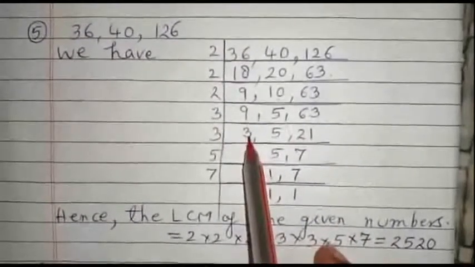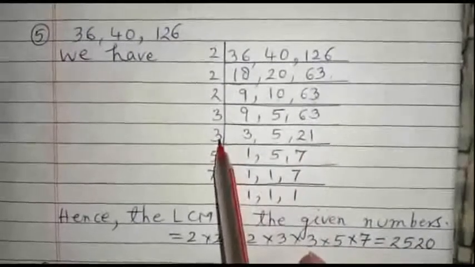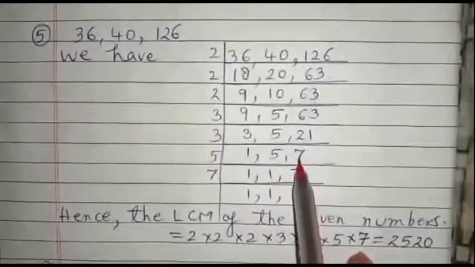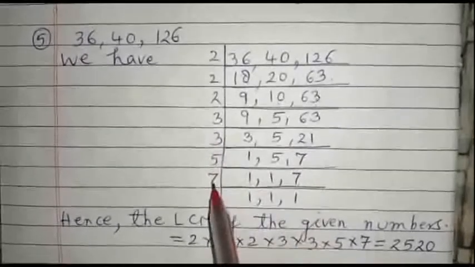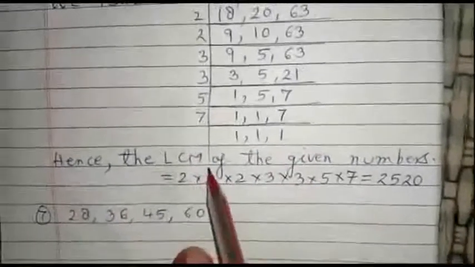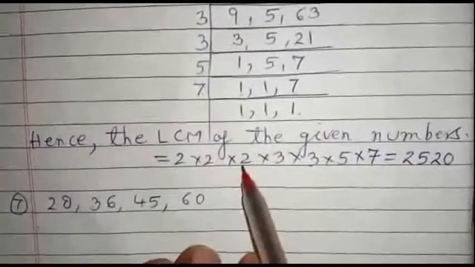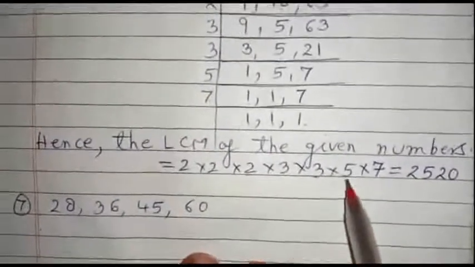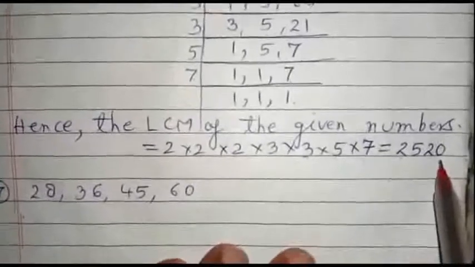We write here 3, 5 as it is, 21. Now we write 3, 1, 5, then 7. We choose 5, 1, 1 and 7. Now we write 7, 1, 1 and 1. Hence the LCM of the given numbers will be 2 into 2 into 2 into 3 into 3 into 5 into 7 is equal to 2520.